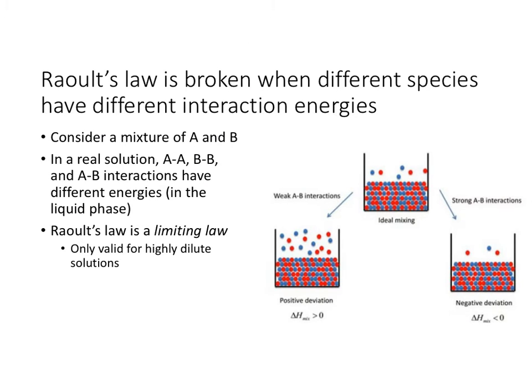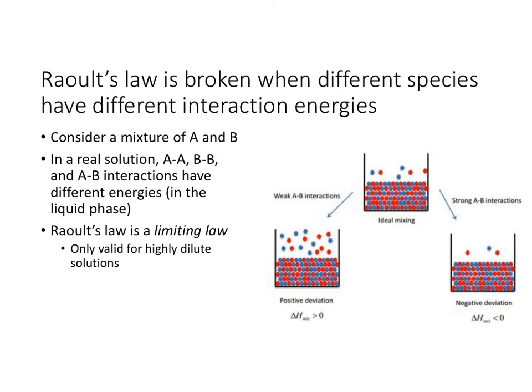A quick side note about real or non-ideal solutions. Those are solutions where Raoult's law is broken and does not apply. We will return to real solutions at the end of this chapter, but I just want to address it briefly so that you understand what would be the difference between a real and an ideal solution.